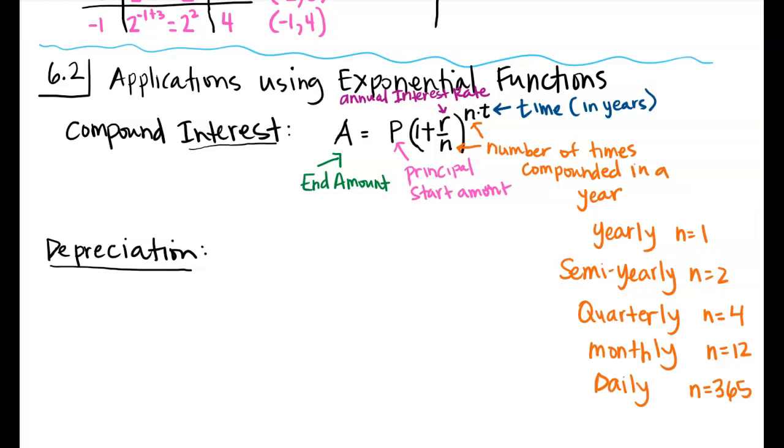But the formula for this is V equals P times 1 minus R raised to the T power. Okay? And remember, V here is still kind of our end amount, but because we're talking about depreciation, it's our depreciated value.